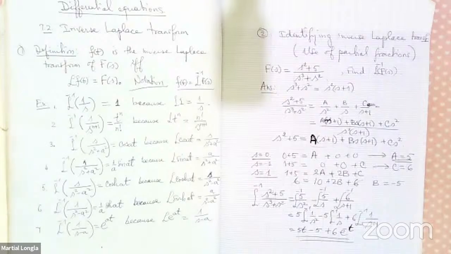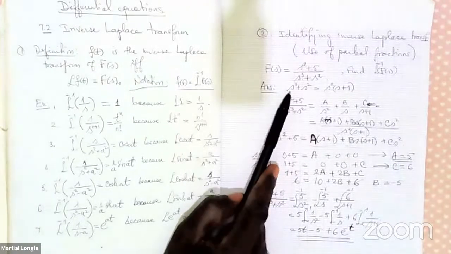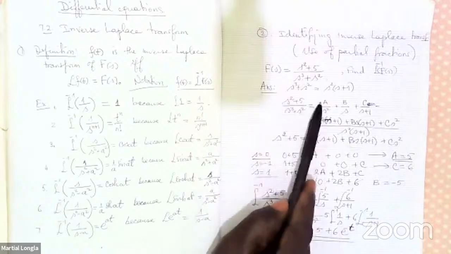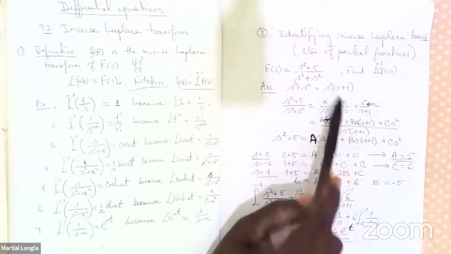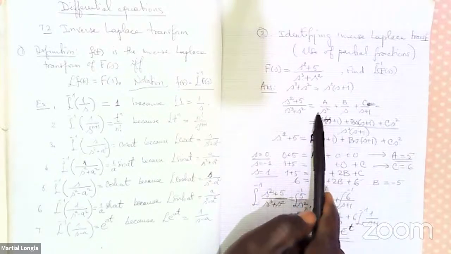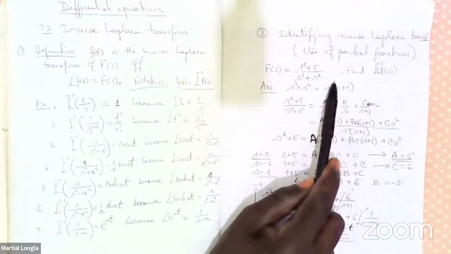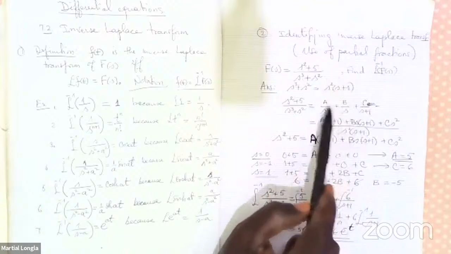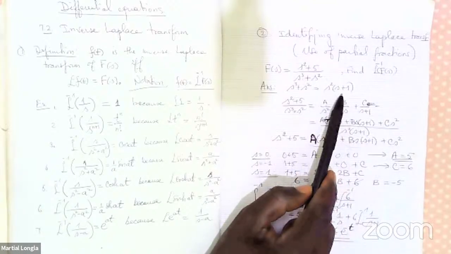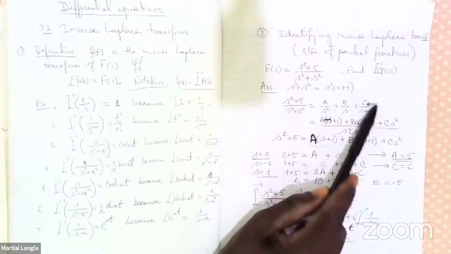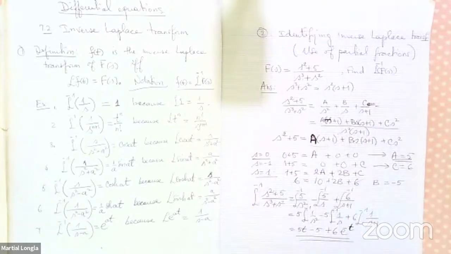The first thing you do is factor out the denominator. When you do that here, that's S squared times S plus 1. Each of the factors comes with partial fractions. For S squared, you must have A over S squared plus B over S. For S plus 1, it's just something over S plus 1.